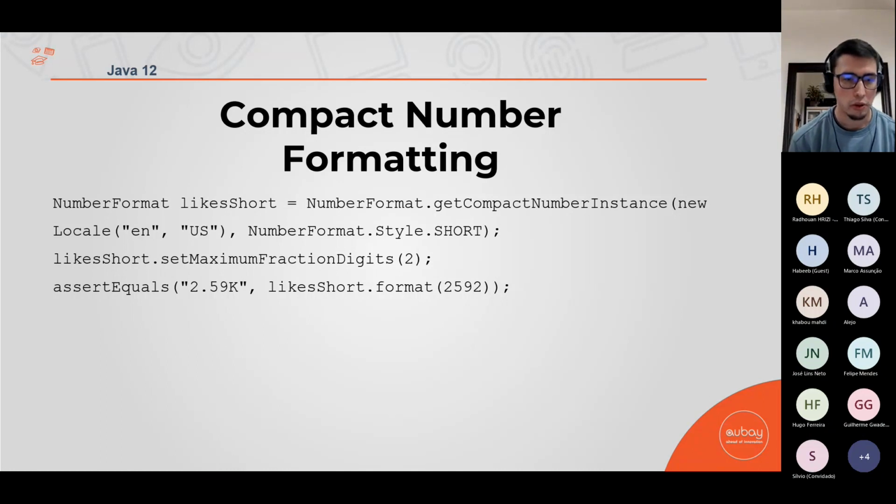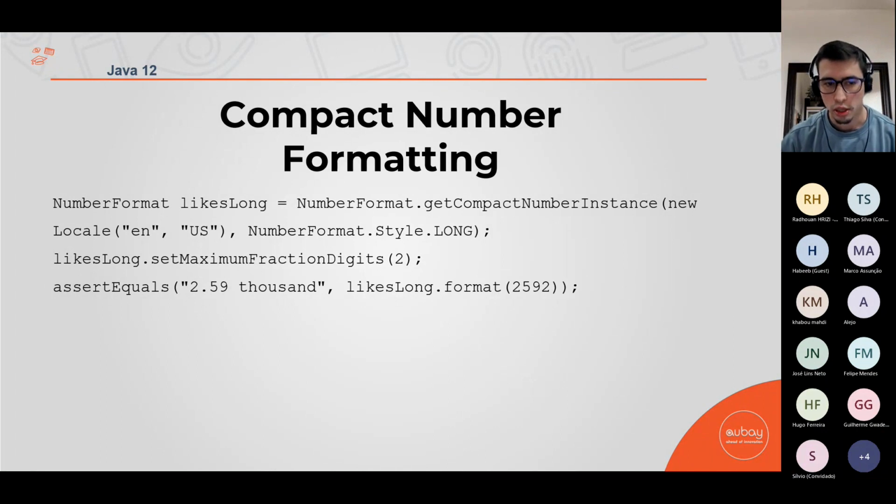We can do that with this number format and with the style short. But we can also do it for a long style, okay? So in this case, it will be 1000. And in this case, with the locale US, if you change the locale for your country, it probably will change, I don't know, okay? It will depend.